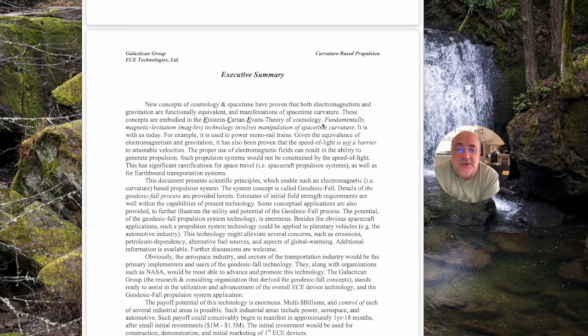He says, fundamentally, magnetic levitation technology involves manipulation of space-time curvature. And he goes on to say it's been used with monorails, and we have this technology today. And given the equivalence of electromagnetism and gravitation, so he's assuming this based on the ECE theory of cosmology.